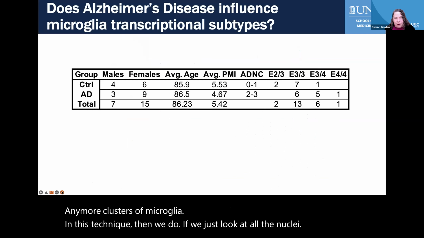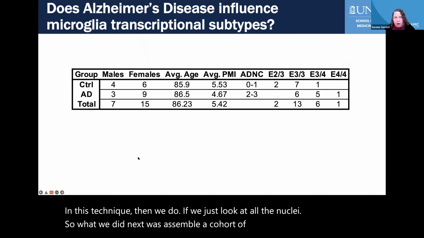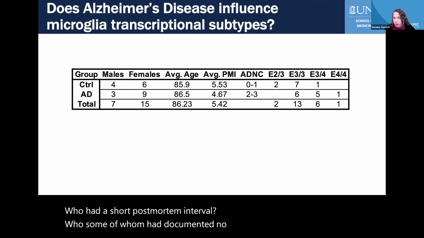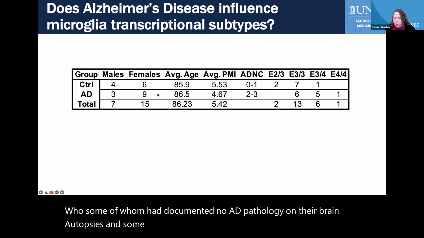So what we did next was assemble a cohort of individuals who had a short postmortem interval, some of whom had documented no AD pathology on their brain autopsy, and some of whom really did have AD, both clinically and pathologically.